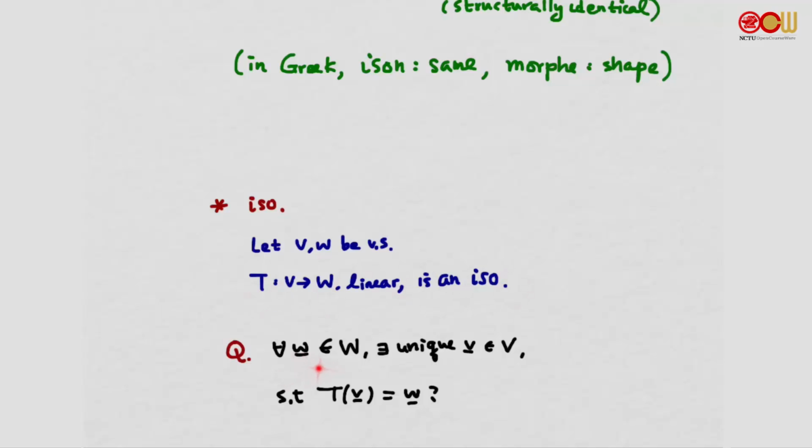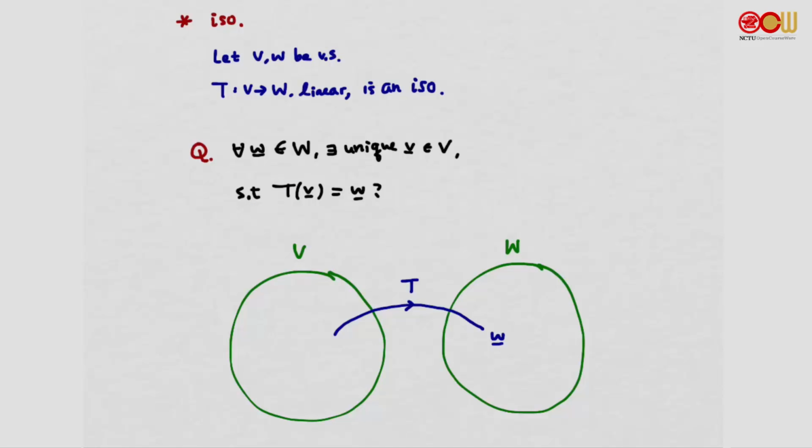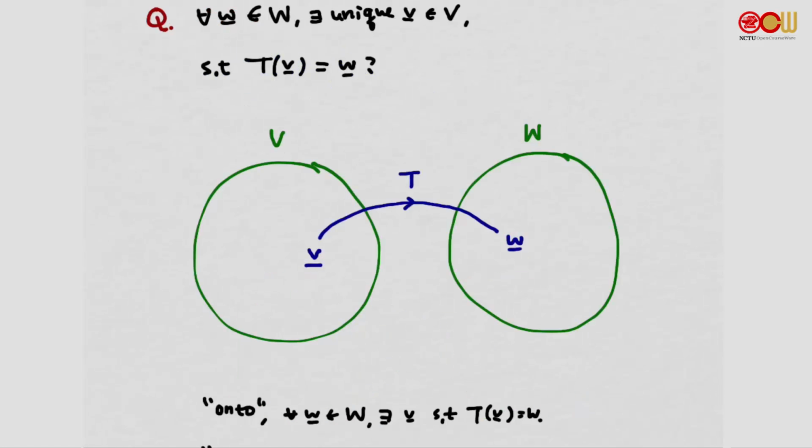For all vectors in W, can we find a unique vector V such that W is the image of V? So here T is a mapping from V to W, and we already have a vector W here, and we would like to know if we can find a vector V here so that W is the image of V. And we know we can do that because T is onto.